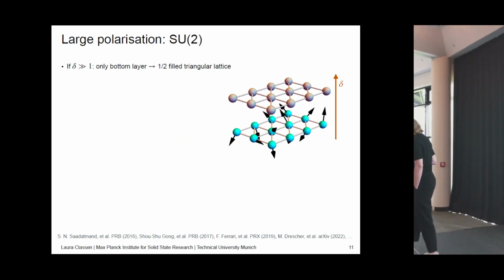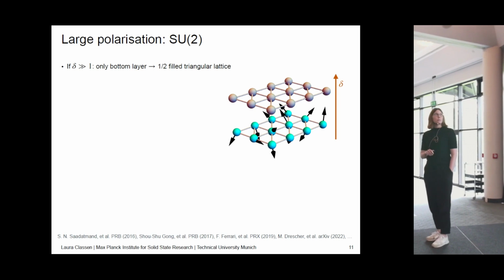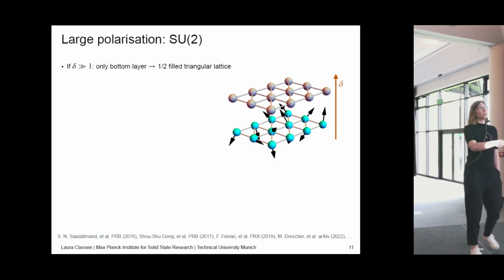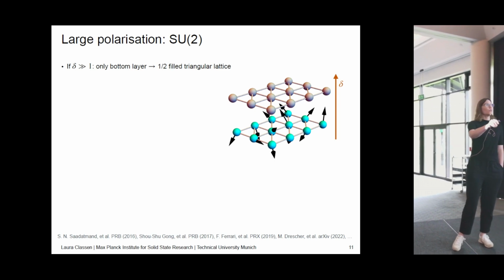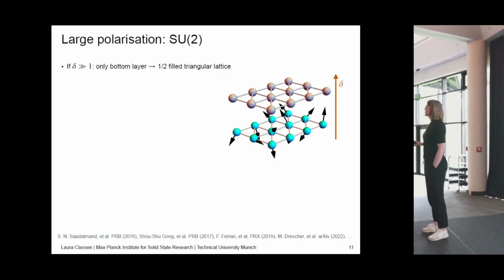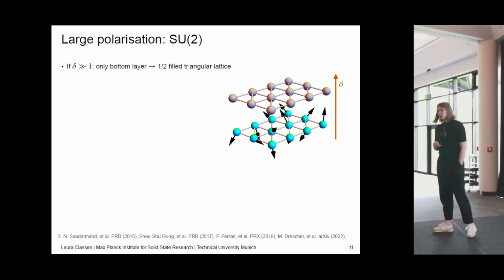And the one limit that has been studied quite extensively is the model of a very large displacement field when basically only one of the layers is populated. Because in that case, it becomes energetically too expensive to populate the upper layer, so I'm back to the SU(2) triangular lattice Heisenberg model.